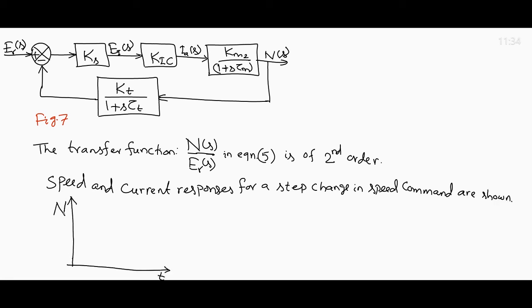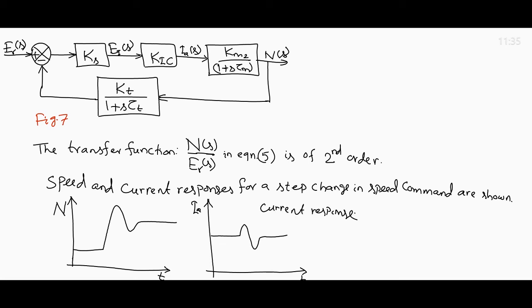This is the speed response. So this is the initial value of speed, and following a step change, this is the speed response. Similarly, current response. So the initial value of current, this is the current response, this is the speed response.